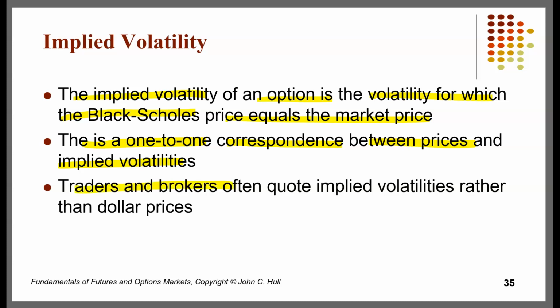Traders and brokers often quote implied volatilities rather than dollar prices, and this is important. I think this is in line with the discussion I had earlier on how you model volatility. I know your book says that to compute volatility, you essentially use historical data.